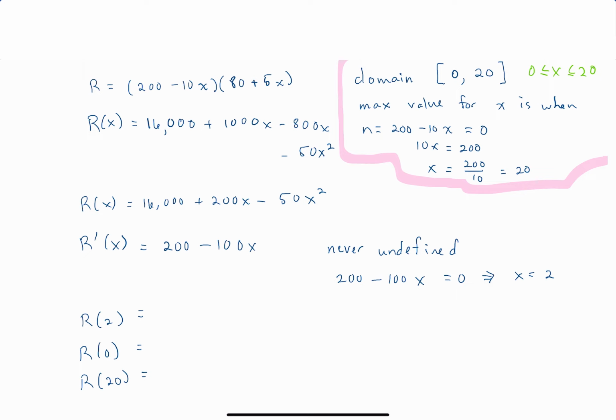So if x is 2, I'm going to have 16,000 plus 200 times 2 minus 50 times 2 squared. And that works out to be $17,640.